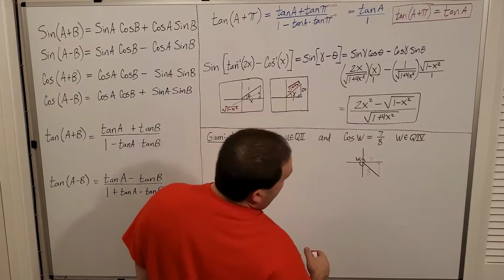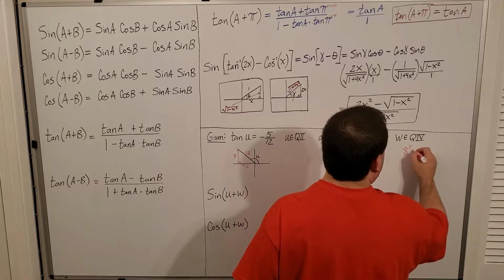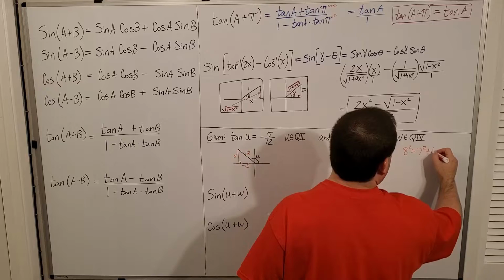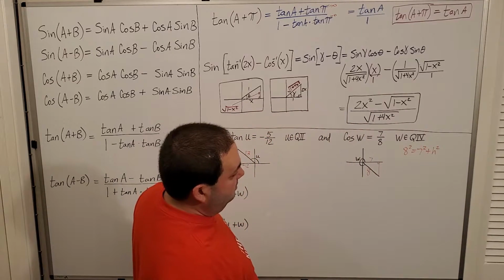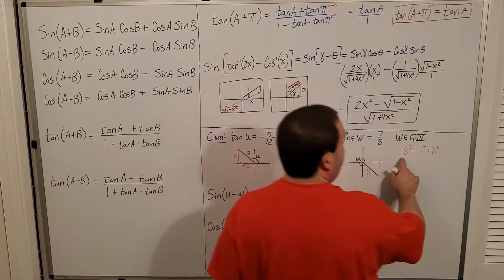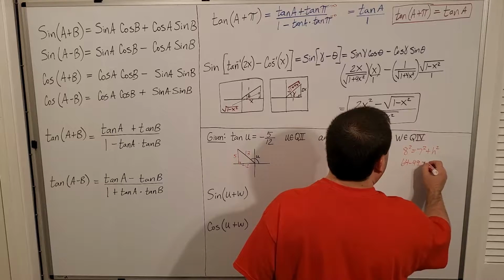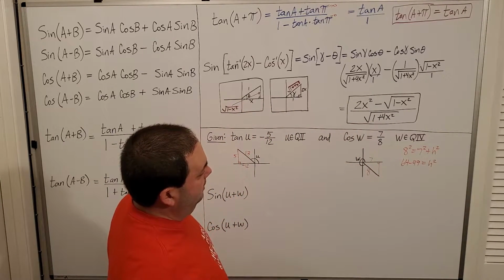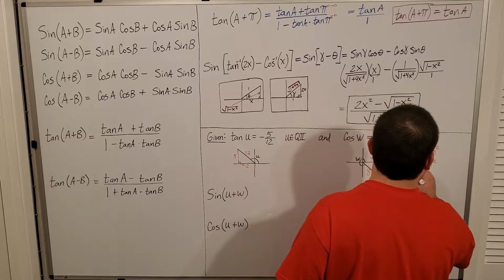So then I want to find the other side over there. I'm going to end up doing 8 squared is equal to 7 squared plus whatever my other opposite side, I'll call it h squared, is. So that's 64 minus 49 is equal to h squared over here, right? So that's 15 equals h squared.